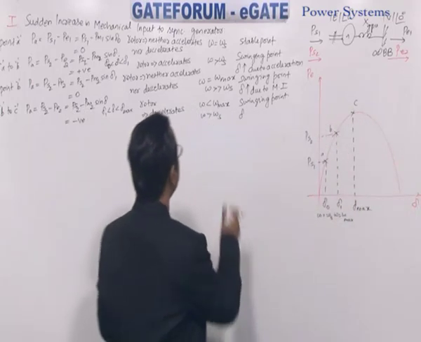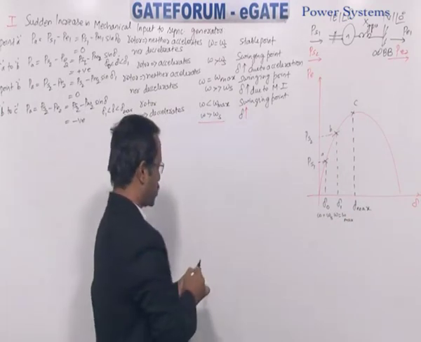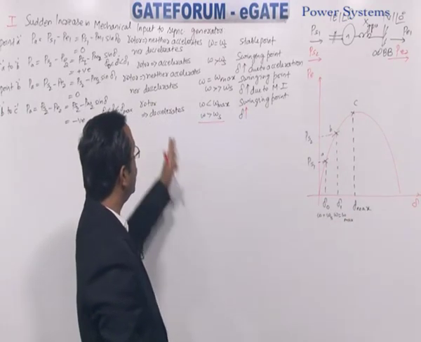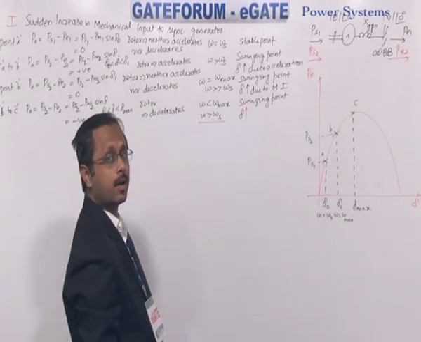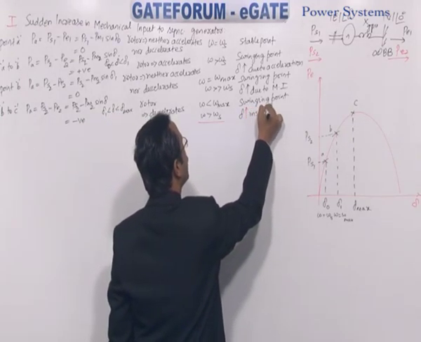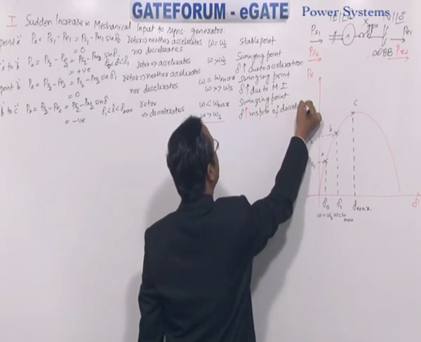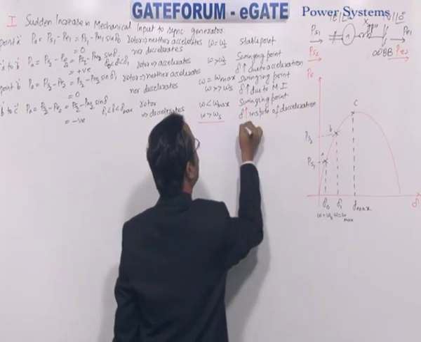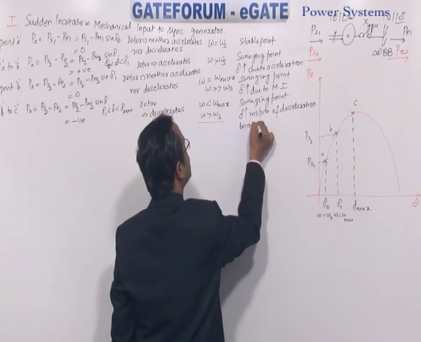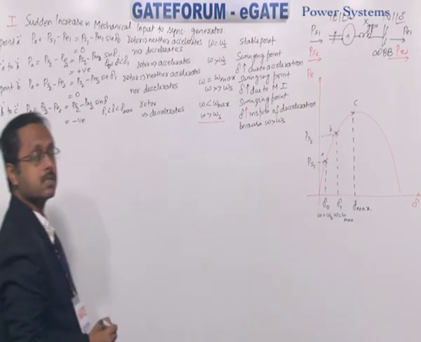So delta increases in spite of deceleration, because omega is greater than omega s.